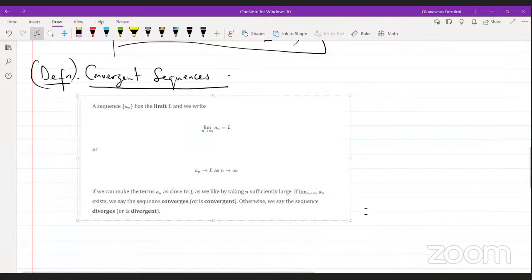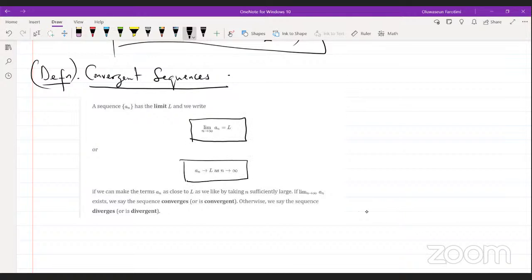All right, so you have a sequence a sub n. A sequence has a limit when we can actually write it as this guy, okay? Or pretty much in terms of this way. This is another definition, but for the purpose of this class, we're going to use this first definition more, okay?